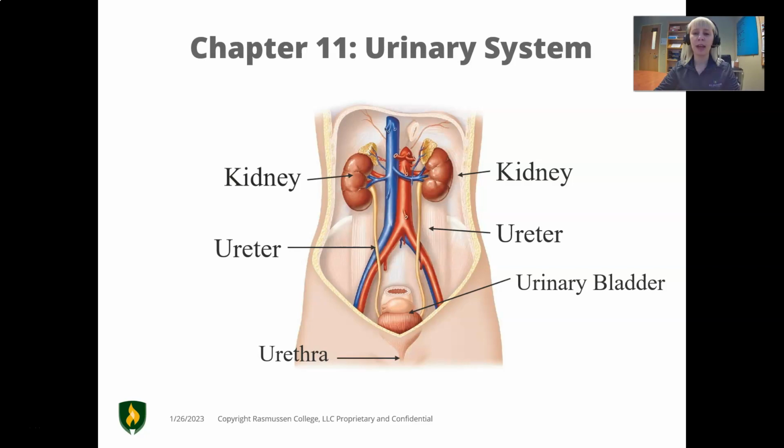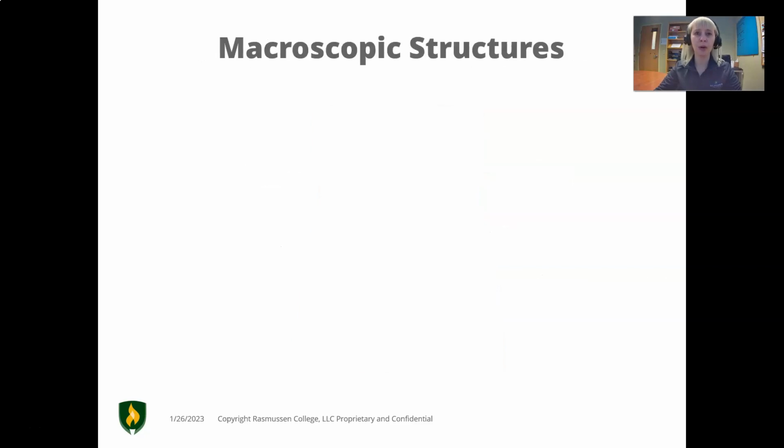So let's go ahead and take a look and break down that urinary system a little bit more. And we break this down into what we call macroscopic and microscopic structures. So let's go ahead and talk about each of those. We're going to start with macroscopic structures. Macroscopic means that they are large enough for us to see without the use of a microscope.